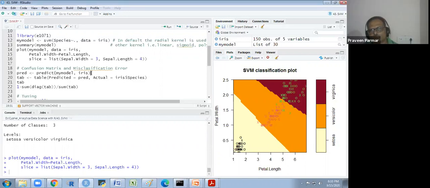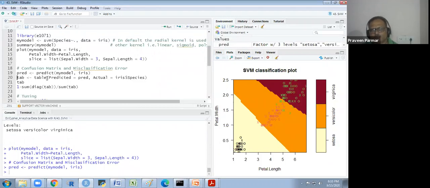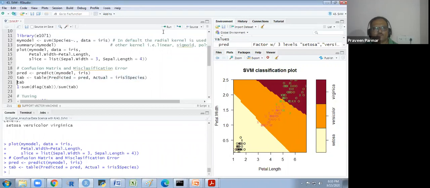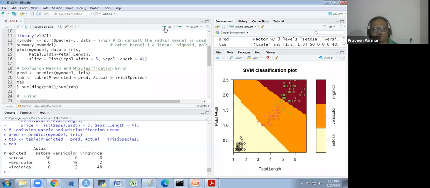So I want to know the prediction. I predict, and I am making a confusion matrix for this table. I am giving the predicted, and the actual I am giving here. So you will see, and I will show you the table. This is my actual, and this is my predicted.